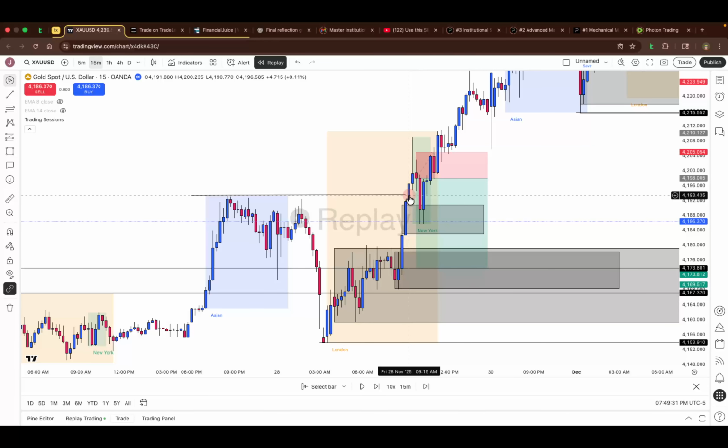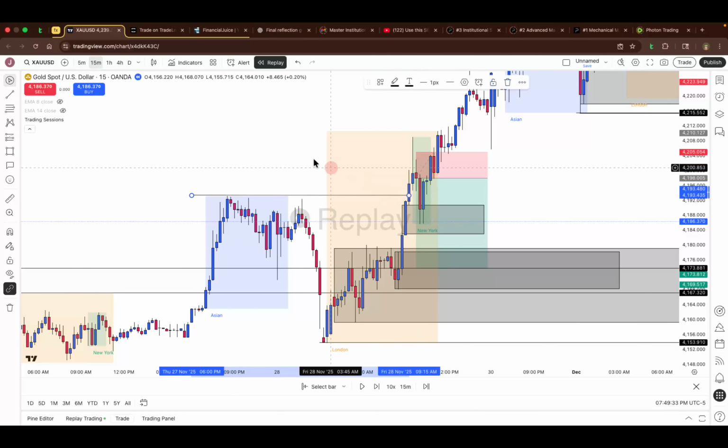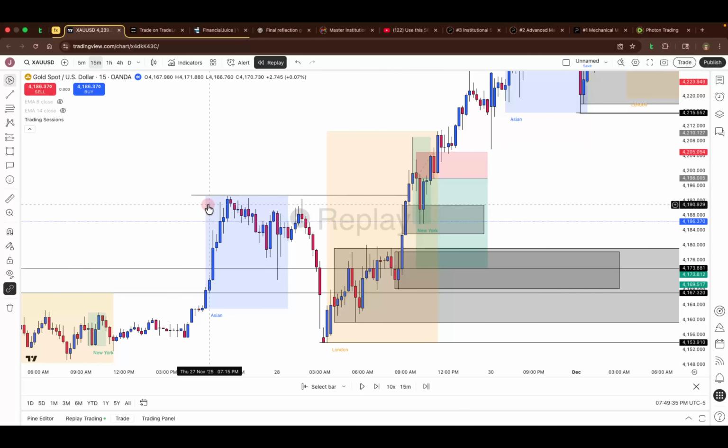Start of New York, or end of London, we see an internal breaker structure, so we should be bullish here. Should 100% be bullish here. Let's just continue scaling.